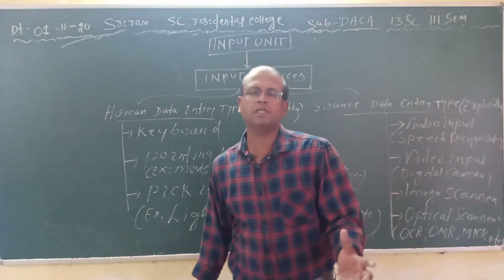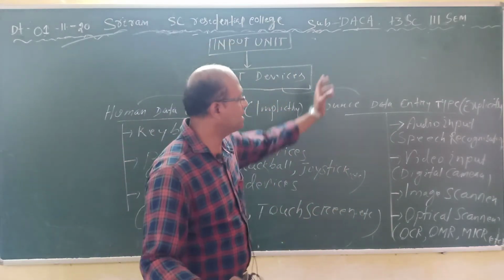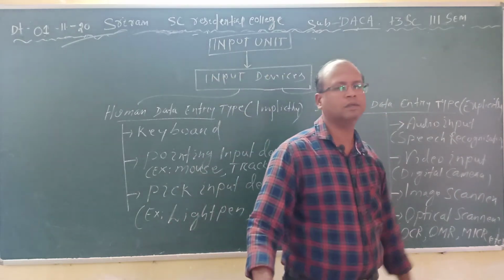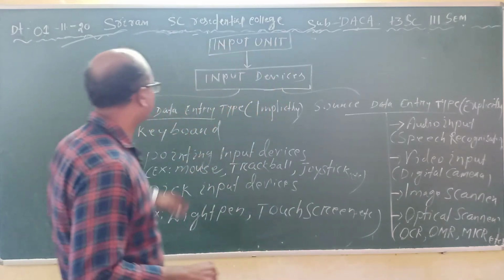These kinds of scanners are used to enter data into the computer system, and these devices come under the source data entry type. Clear? Now we will discuss the keyboard.